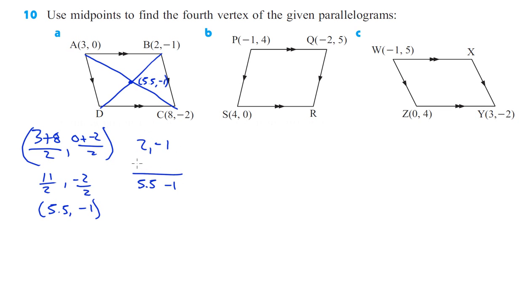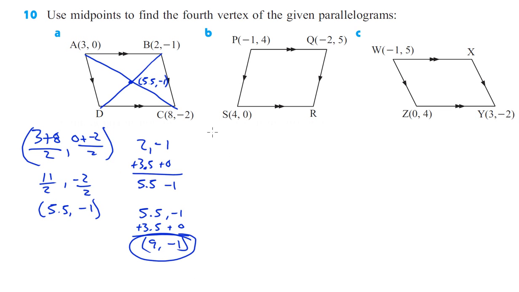So 2 plus 3.5 gives us 5.5, and negative 1 plus 0 gives us negative 1. Right? So now we're going to do the same thing starting with the midpoint, which is 5.5 and negative 1. Now we have to add the 3.5 and add the 0, right? So that gives us 9 and negative 1, which should be the point for A.